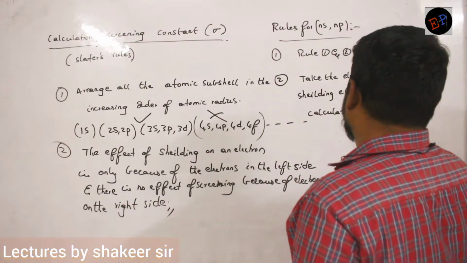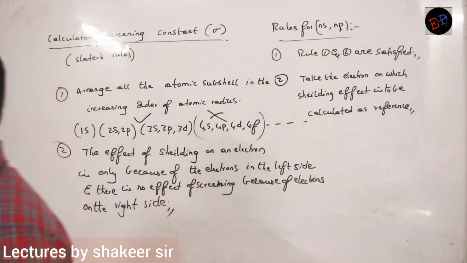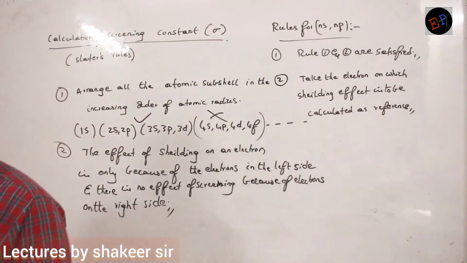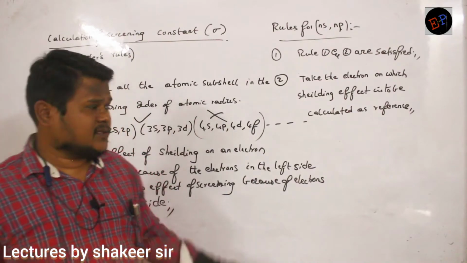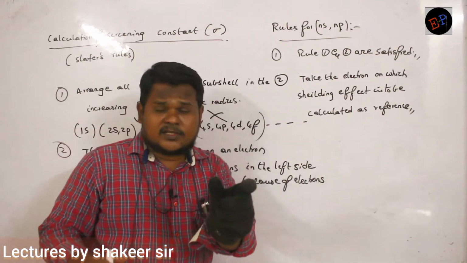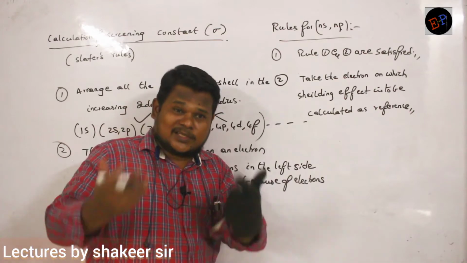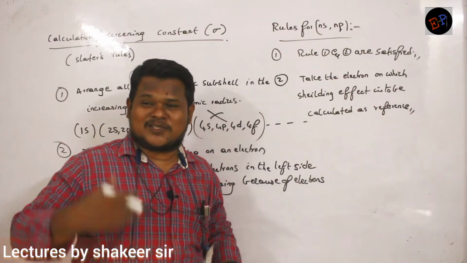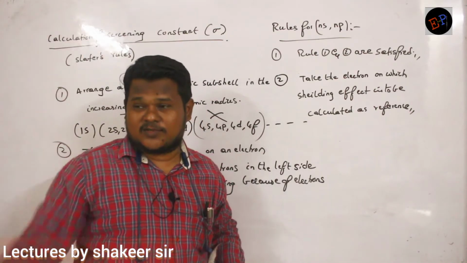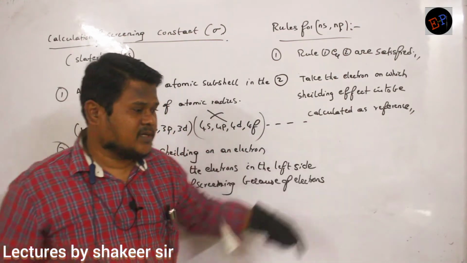So which electron am I taking to be my reference? I am taking that electron on which I want to calculate the shielding effect. That electron I will take to be my reference. Are you able to understand? Because that electron cannot provide repulsion to itself. It has to be repelled by only other electrons. So that electron you take as the reference. Are you able to understand?